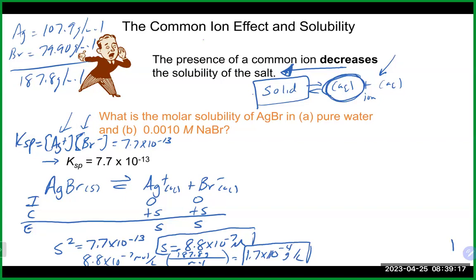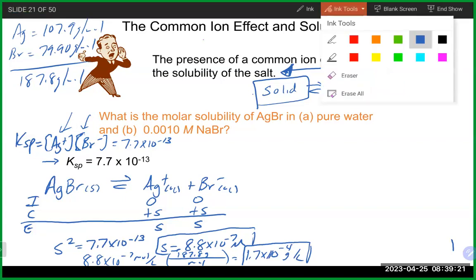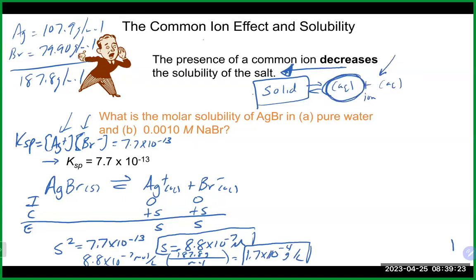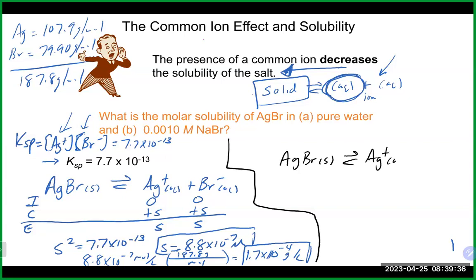So what happens though if we have the same silver bromide, but it's in a solution of sodium bromide? So let's take a look at this here. So we would still have our same silver bromide here that will set up our equilibrium. And we do have, though, some sodium bromide present.